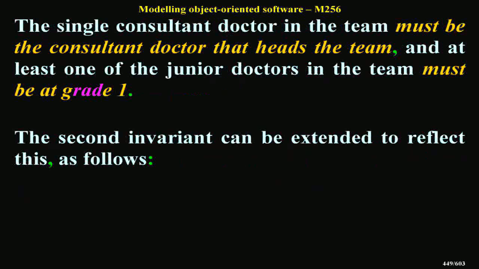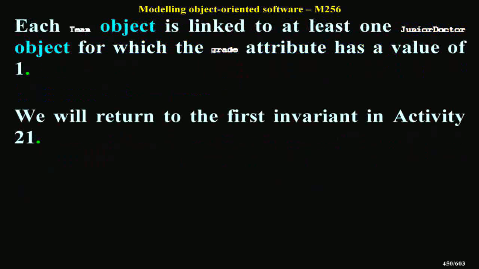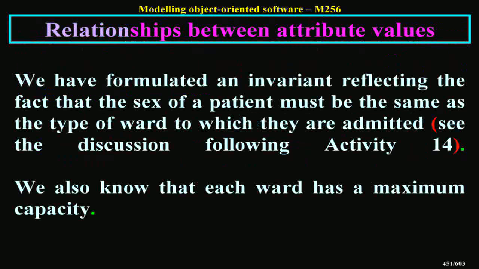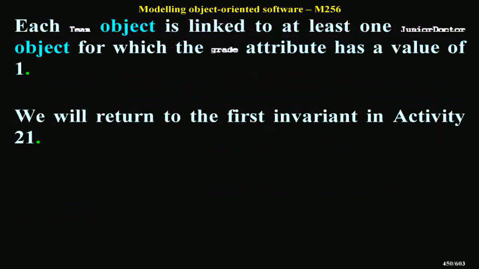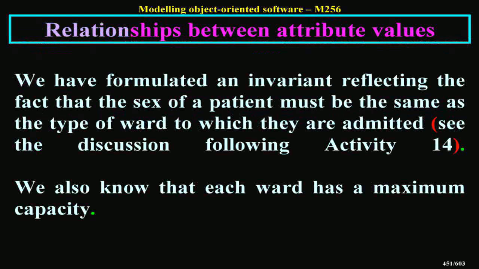The single consultant doctor in the team must be the consultant doctor that heads the team, and at least one of the junior doctors in the team must be at grade 1. The second invariant can be extended to reflect this, as follows. Each object is linked to at least one object for which the attribute has a value of 1. We will return to the first invariant in Activity 21.